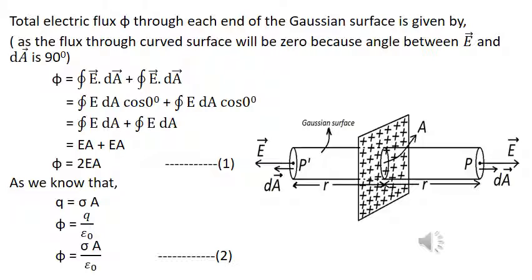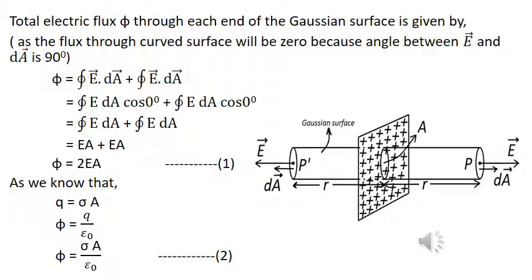Now, the total flux phi through each end of the Gaussian surface is given by phi is equal to 2 times closed integral E dot dA, as the magnitude will be the same on both sides of the Gaussian surface.